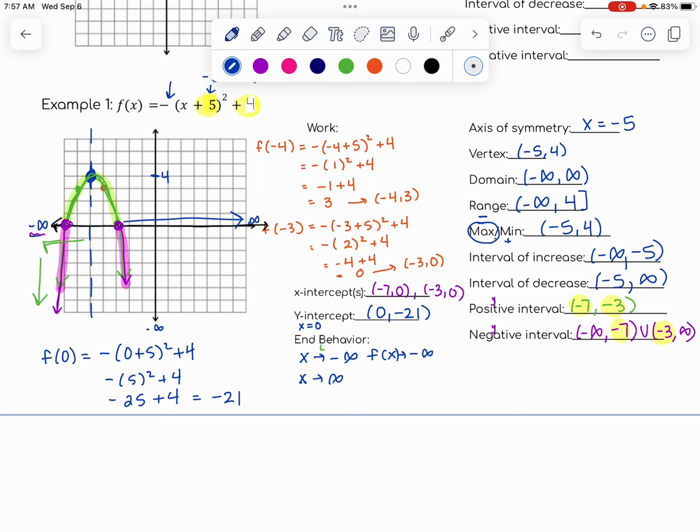As we move to the right, our graph is also pointing down. So that means f of x approaches negative infinity. Remember that the end behavior can always be found simply by looking at a. If a is positive, then both of the ends will point up towards positive infinity, and if a is negative, both ends will point down towards negative infinity.